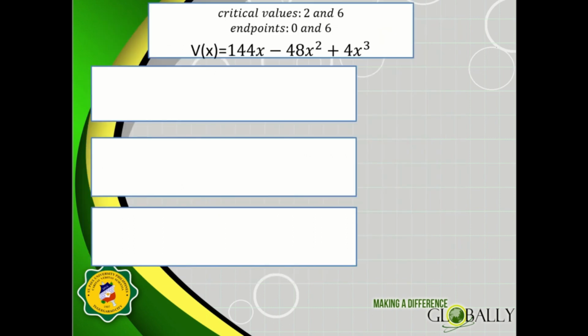Okay, so in the previous slide, we found our critical numbers, which are 2 and 6, from the equation, and our endpoints 0 and 6, which are in the interval. Now our second step is to substitute these values into our original equation in order to find the absolute maximum and minimum values. So let's substitute.